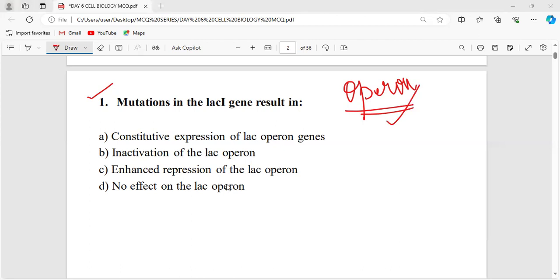My second question for you is: does an operon take place in prokaryotes, eukaryotes, or both? Tell me whether the operon takes place in a prokaryote or in a eukaryote.